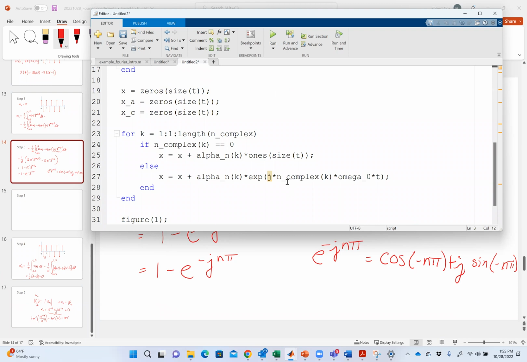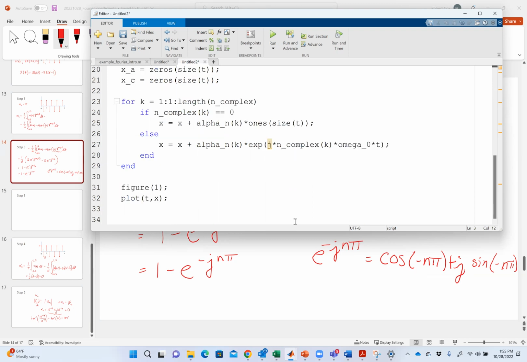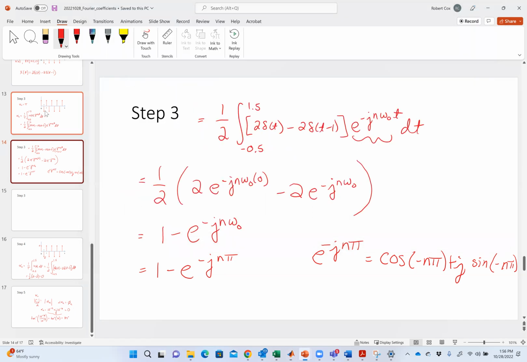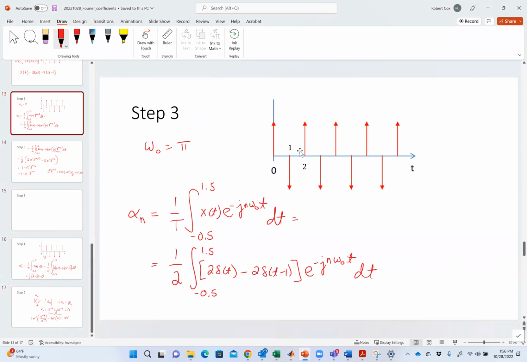Yeah, this is where I'm making up the series. All right, so what's this thing going to look like when I do it? Well, let's remind ourselves, what does the waveform look like? It looks like this. So am I going to get impulses when I do this? What's an impulse going to look like?